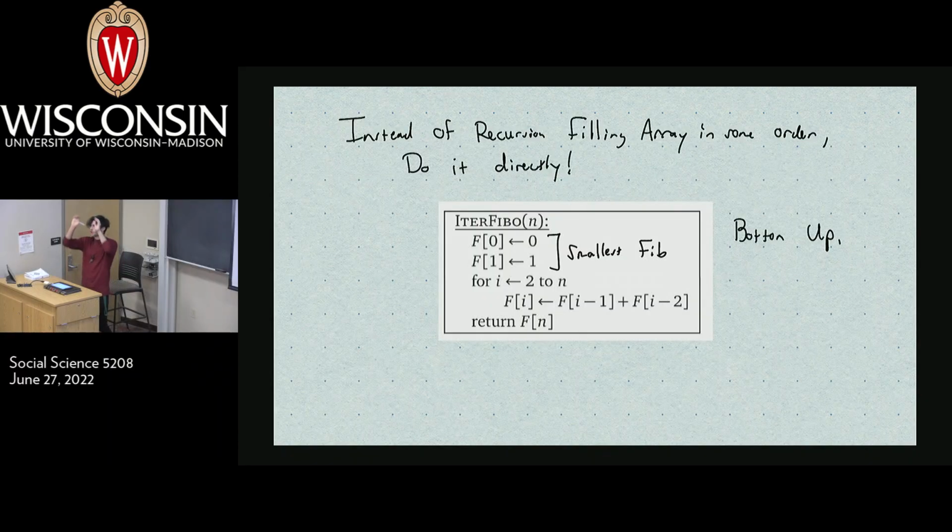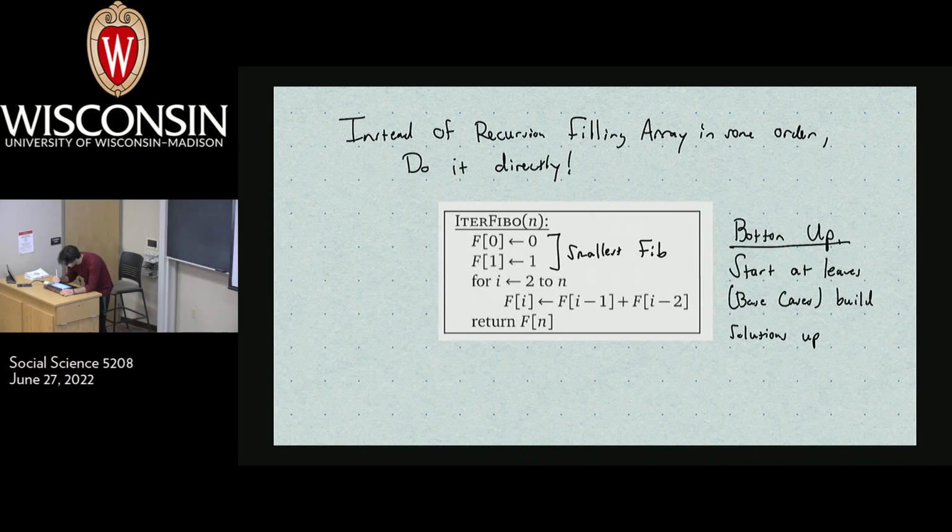So normally you start at the root, you look at the left and the right side, and then you keep doing things down and down the tree. But here we're doing the opposite. We start at the leaves, which are the base cases, and we build the solutions up to the root.